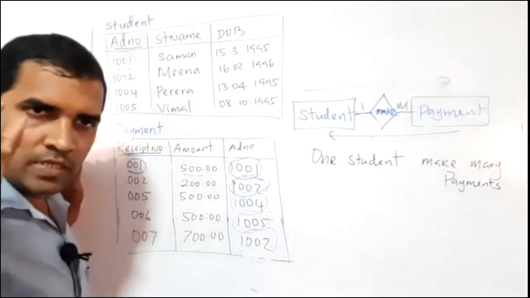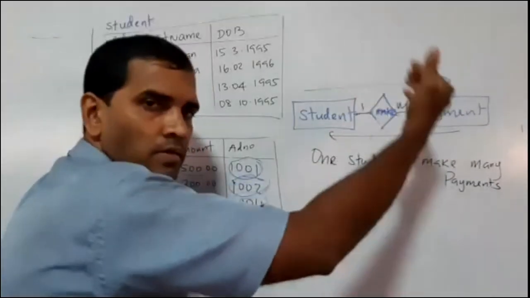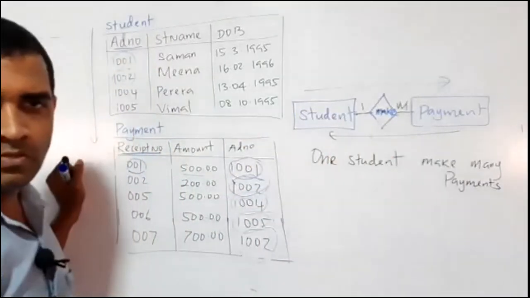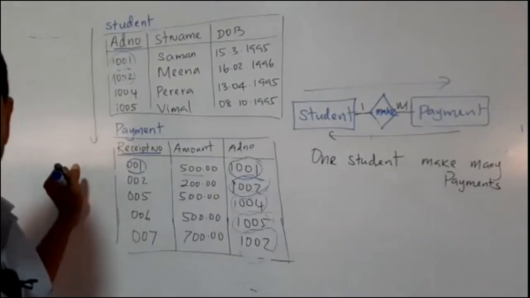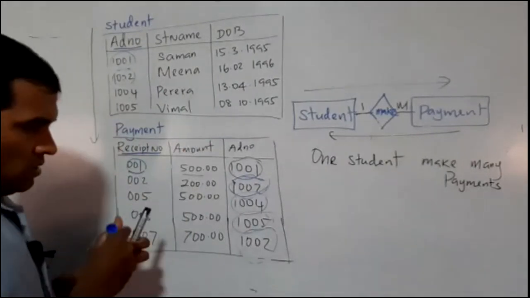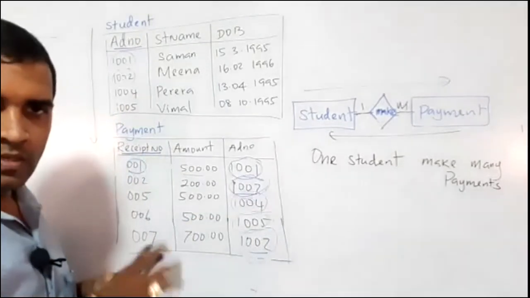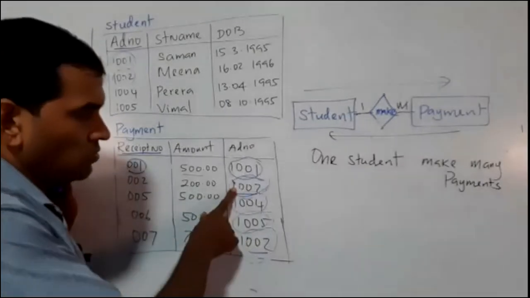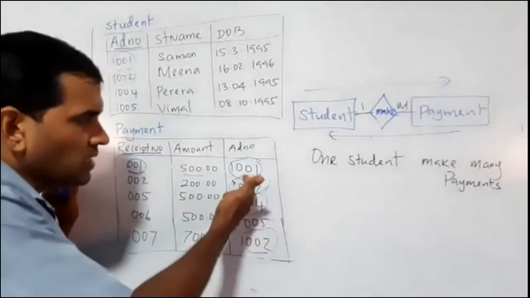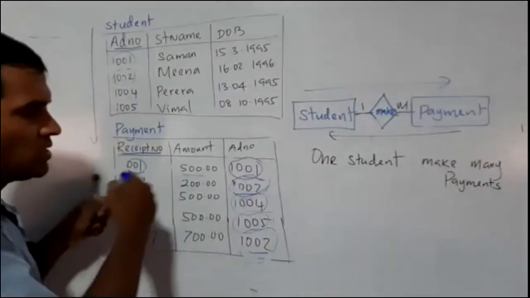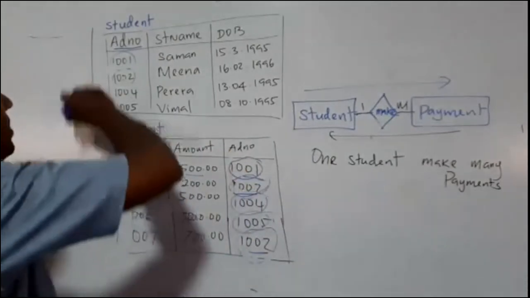You made such sentences because of M. But look here, 1002, 1002. So here 1002, 1002 means many. That is the meaning of many. But when we check the relationship from here to here, how to check the relationship from payment to student?